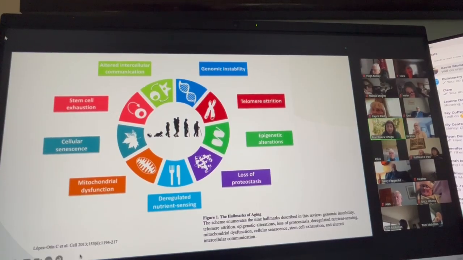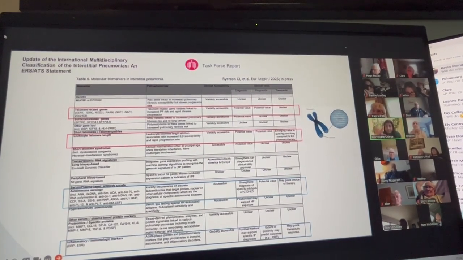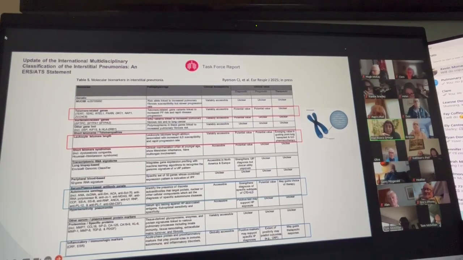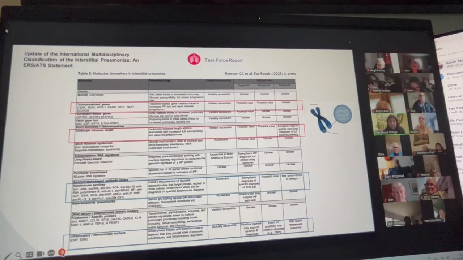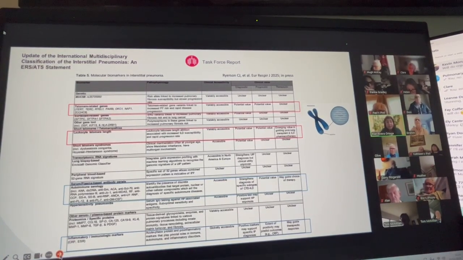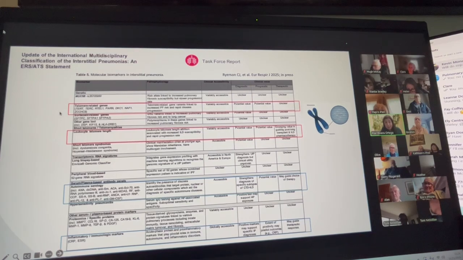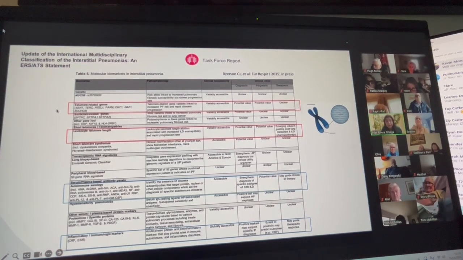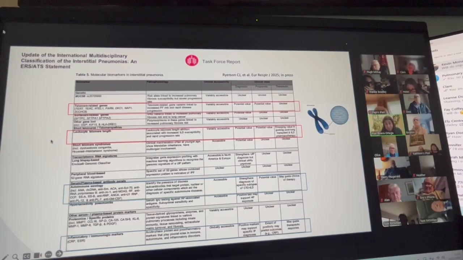And coming back to this busy table, sorry for that, this table is part of the new classification of ILD, and this is table 5. For the first time in this new classification, they include the concept of telomere-related genes and telomere length.